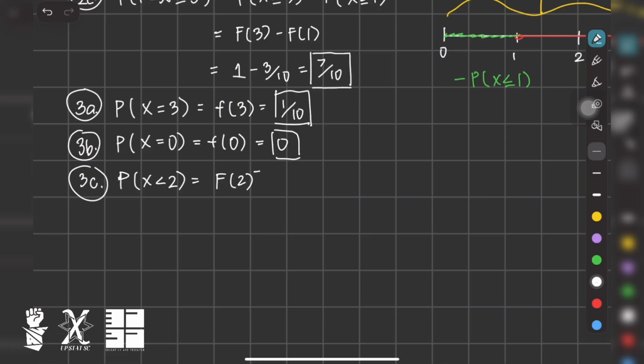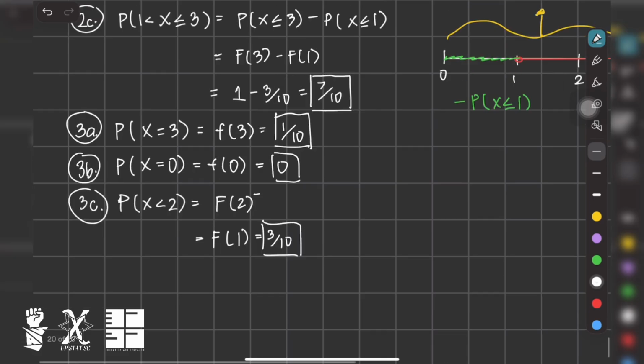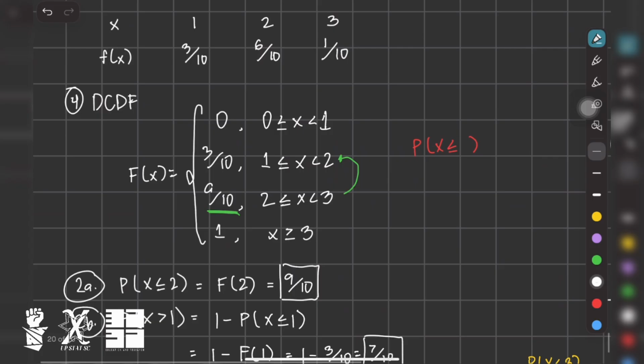Let's just plug and play. That's F of 1. It's 3 over 10. We just go one step down. So why is it F of 1? Because we just went one step down. This value corresponds to your F of 1.